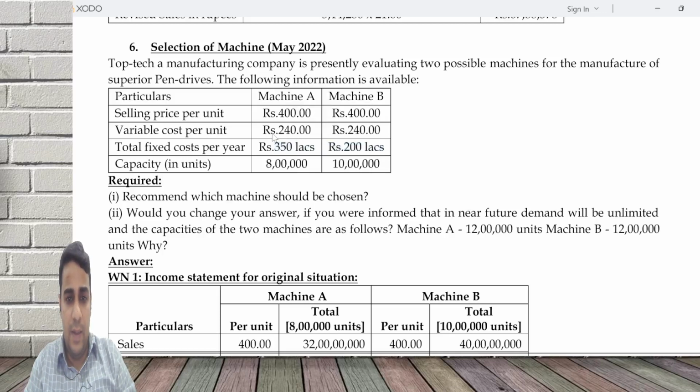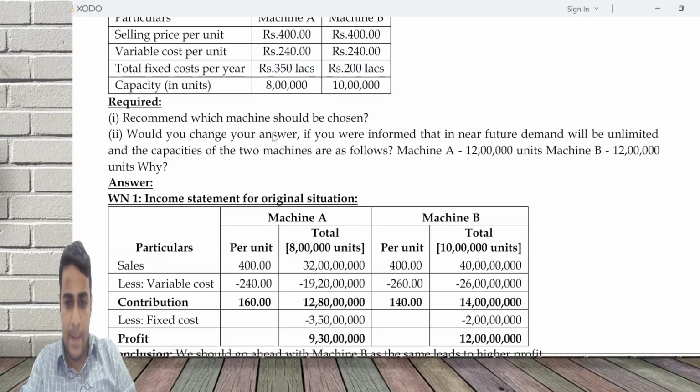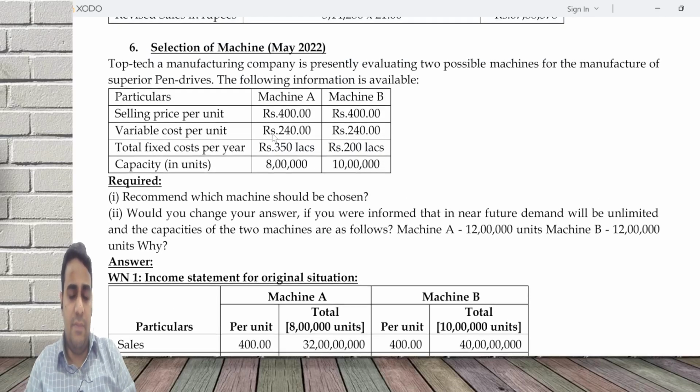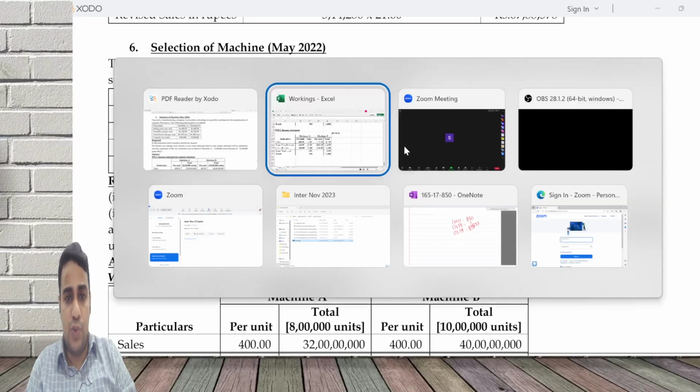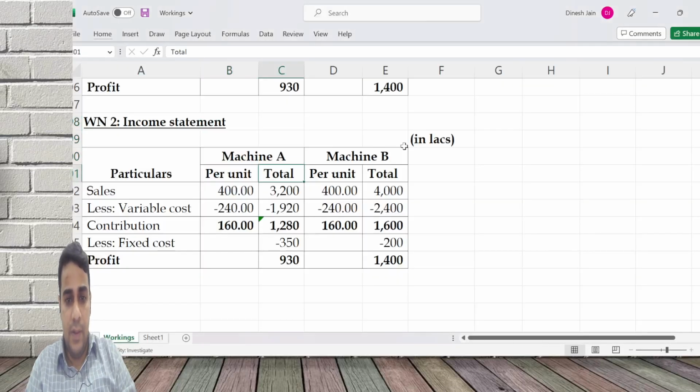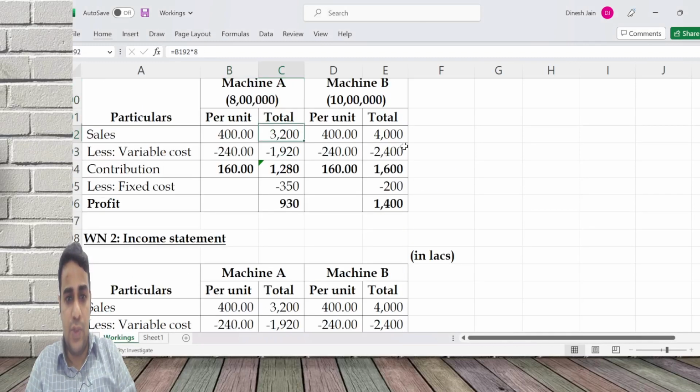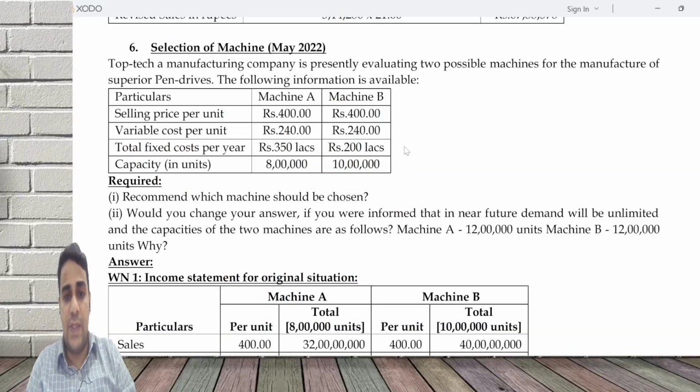I don't know why variable cost is same. Okay, there is a mistake in the question. Change this number to 260. Sorry, that's what I was thinking. Still the answer remains same. Variable cost is 260, not 240.